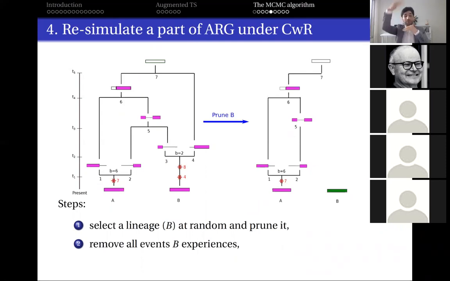So this also can resimulate the whole ARG, but it is mostly in a window of time. Please say if it's not clear, I can explain more.